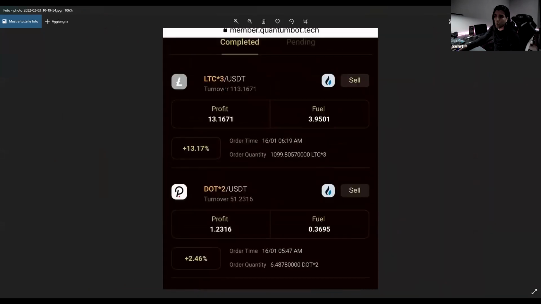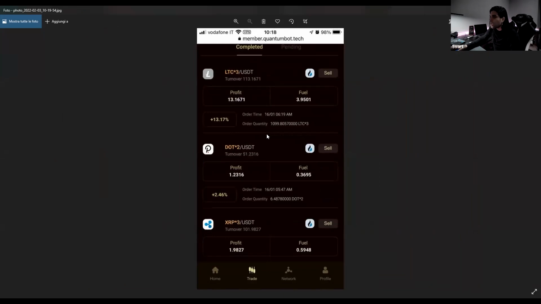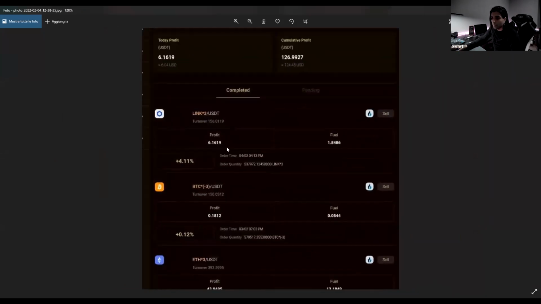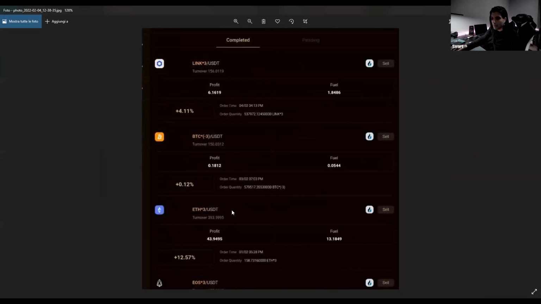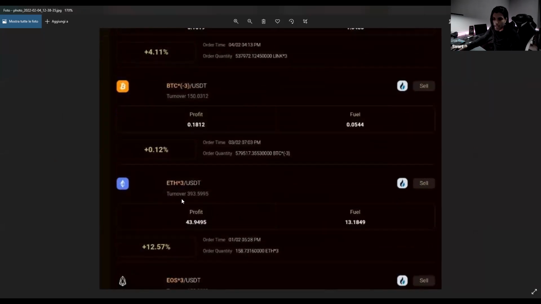We can also see many different ones. This is moderate with $300 with a profit of 13% in one single sale. We can see more. For example, a huge Ethereum profit on a single sale of turnover of $400.